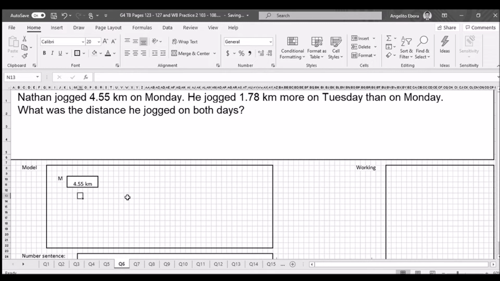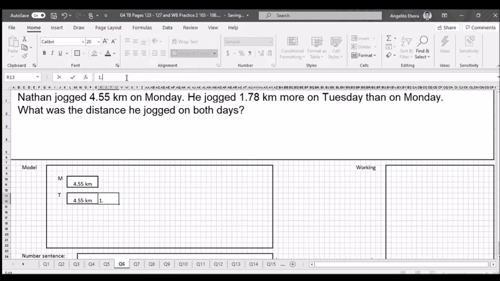And then on Tuesday, it says 1.78 kilometers more on Tuesday than on Monday. So if he jogged this much on Monday, then he jogged more on Tuesday.